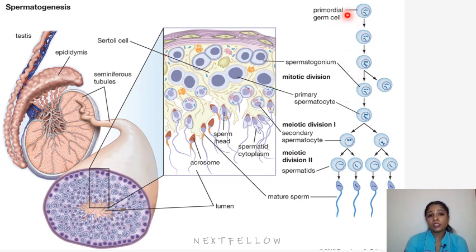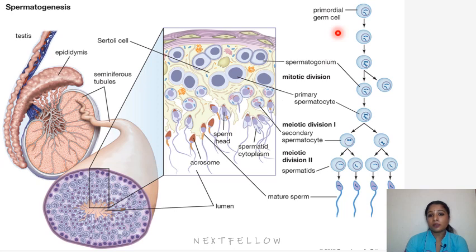The spermatogonia yield the primary spermatocytes by mitosis. You see here, till the primary spermatocyte we see only mitosis. Only by means of mitosis do the PGCs turn into the primary spermatocyte. First they form spermatogonia, type A and type B spermatogonia, and from them we get the primary spermatocyte.